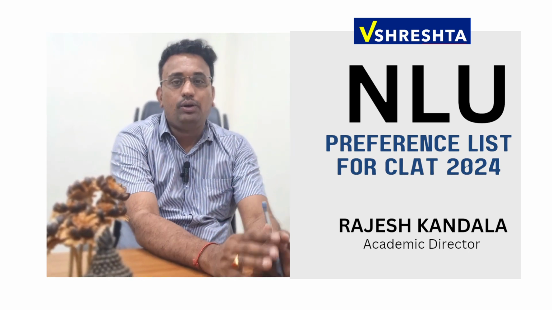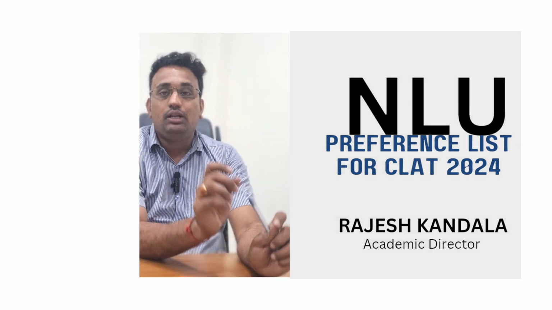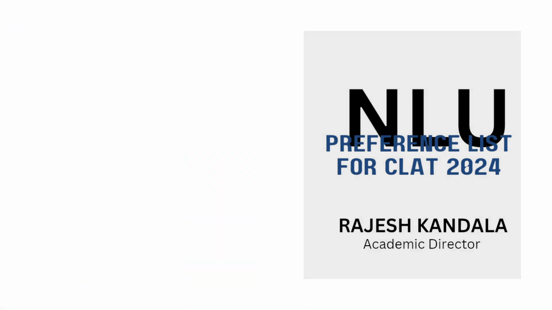Now, the most important part of the CLAT application process: the preference list of various NLUs. In this year's CLAT 2024 application process, the CLAT consortium has given around 31 columns to be filled. All 31 columns are to be filled if you are a science student. If you are from arts or humanities, you have to fill 29 columns mandatorily.